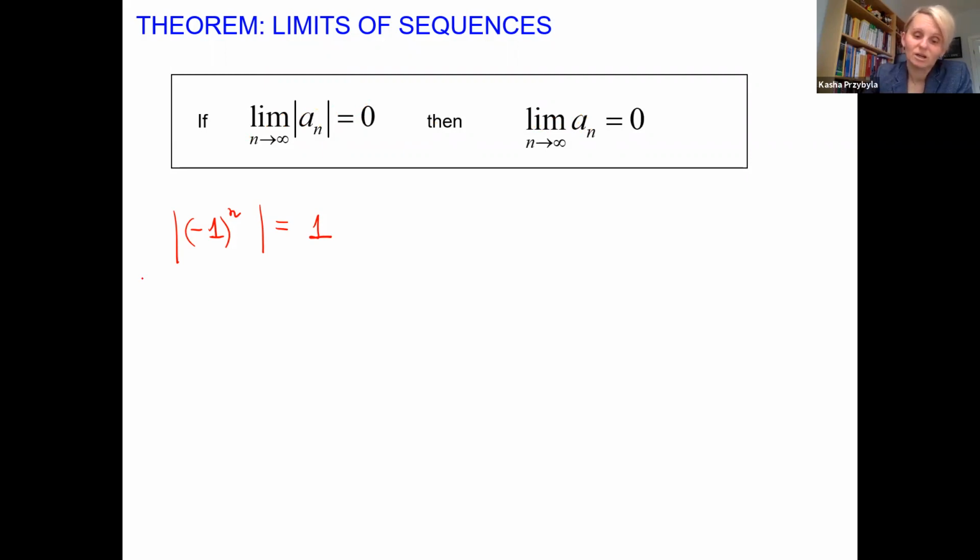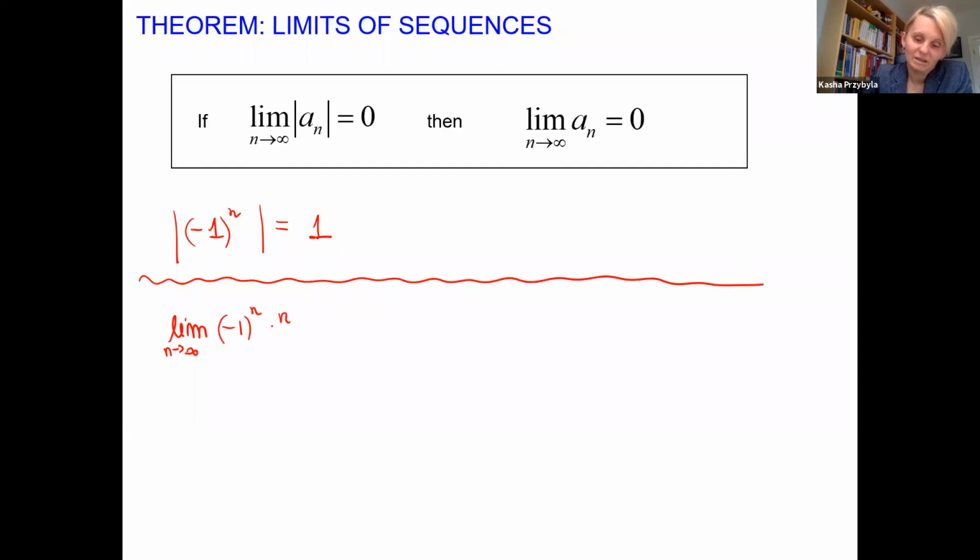Let's find the limit of the sequence -1 to the n over n squared plus 1. How does this sequence behave? We may, of course, list all of the terms, but let's just use our skills from limits of functions.